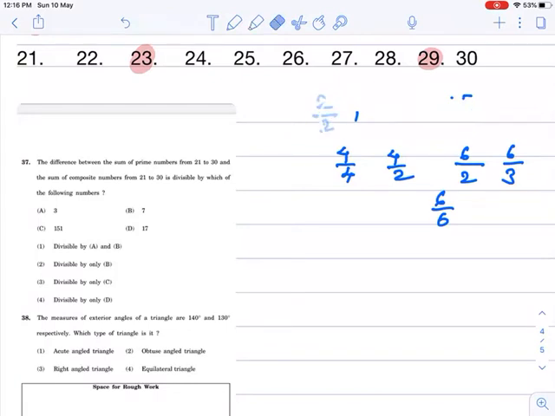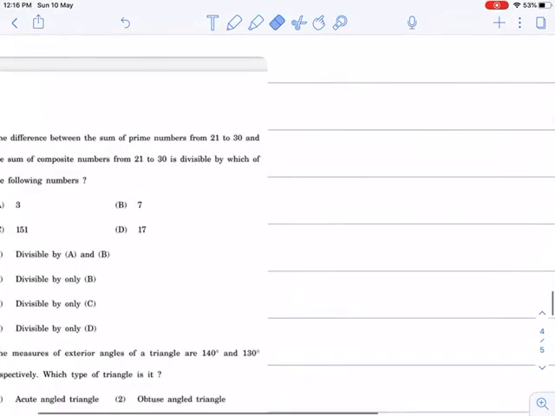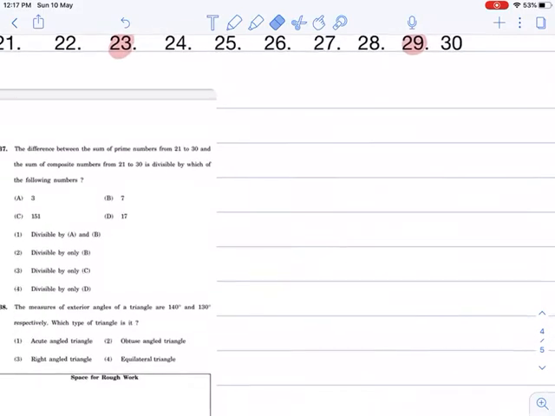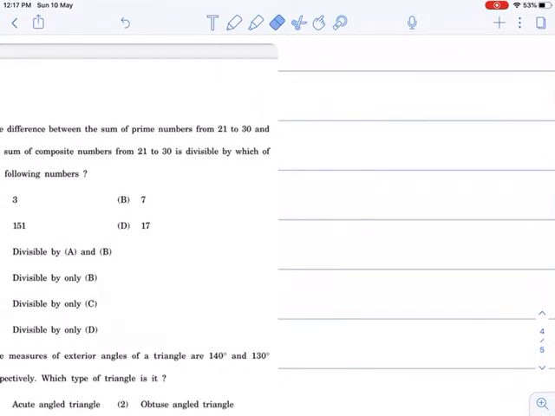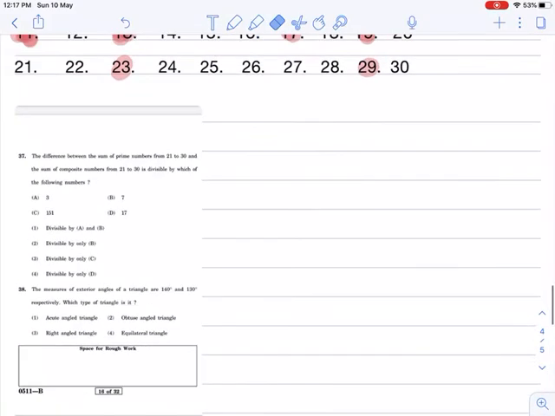Now here they have given the numbers from 21 to 30. This is the example, numbers from 21 to 30. Now first we will see the sum of prime numbers from 21 to 30.